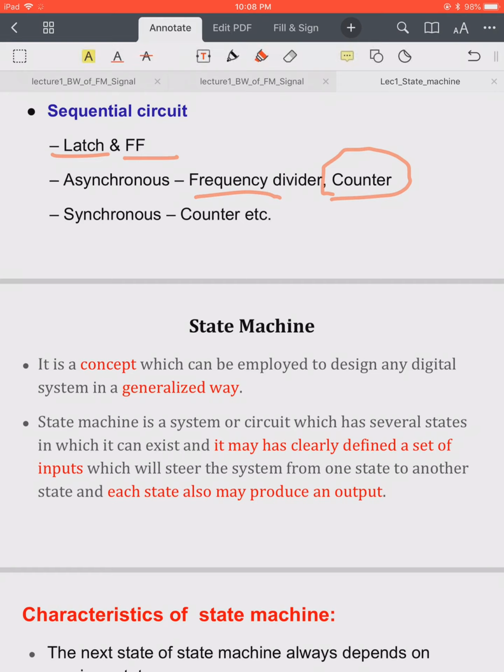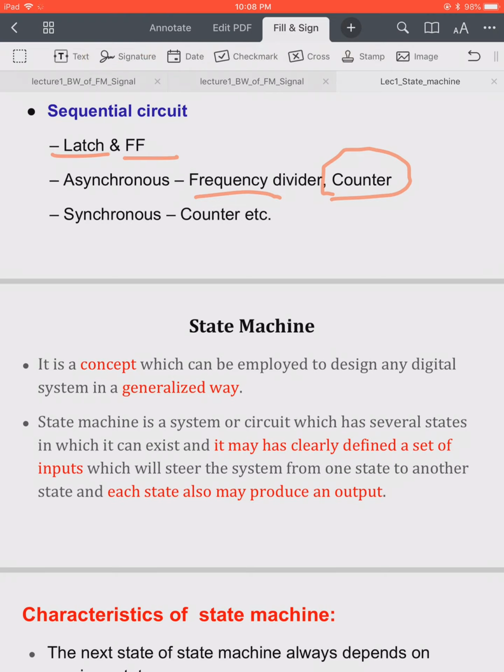State machine is not basically a machine in the sense of an electrical or mechanical machine. Rather, it is a mathematical model of computation. It is an abstract theoretical model which is used to design the digital system.